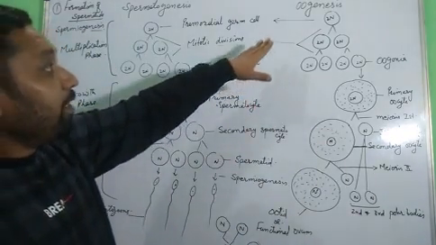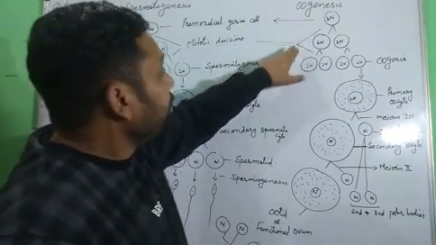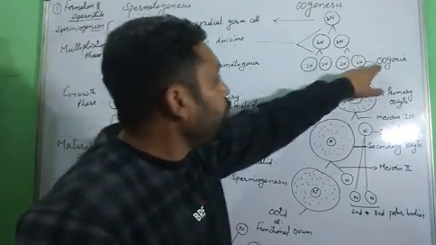In oogenesis, here also the primordial germ cells undergo repeated mitotic division to form many oogonia.